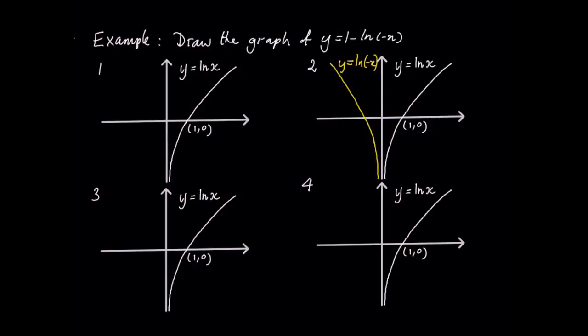In the third diagram, we'll sketch on minus log of minus x. So the curve that we've just drawn in yellow will be reflected in the x-axis. So it's going to look like this.